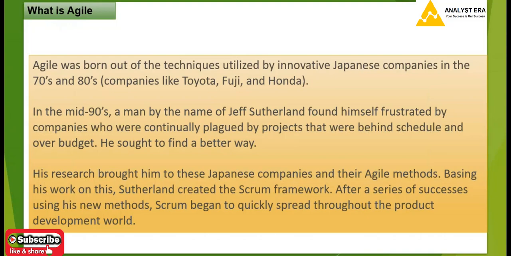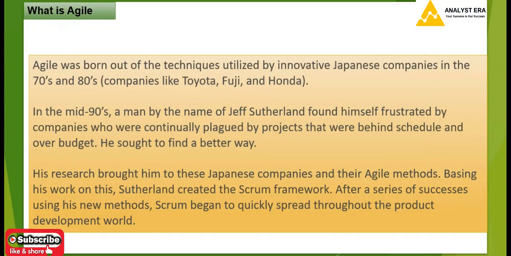So that is where this guy, Jeff Sutherland, started researching what is a good process which we need to follow, which we can have in place. While searching, he landed in Japanese companies and started to look at their agile methods. Agile was initially in the manufacturing process. It was not in software development.